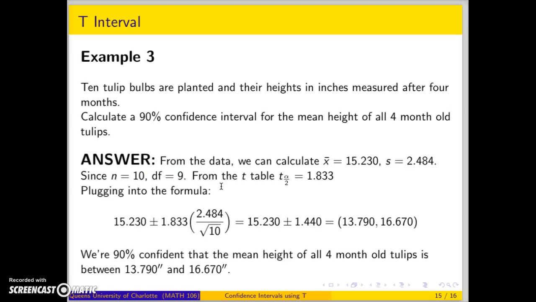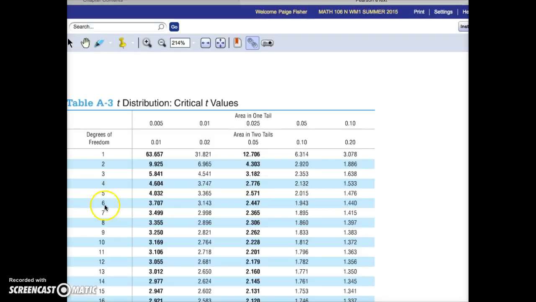So we have a sample mean of 15.230 and a sample standard deviation of 2.484, and the sample size is 10. So the degrees of freedom is 9, and they wanted a 90%, so we look at this column. So our t is 1.883.